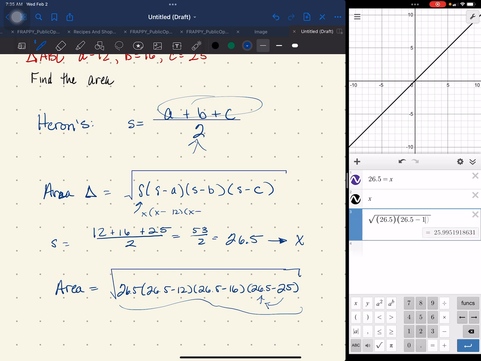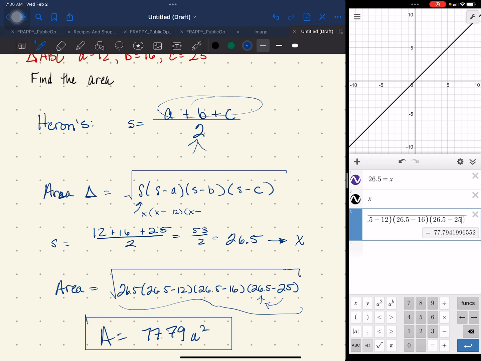Minus 12, parentheses, 26.5 minus 16, parentheses, 26.5 minus 25. All right, 77.79. And I don't know that we had any units on it, so we'll just put units squared. There we go. Beauteous Heron's formula, just a plug and chug.